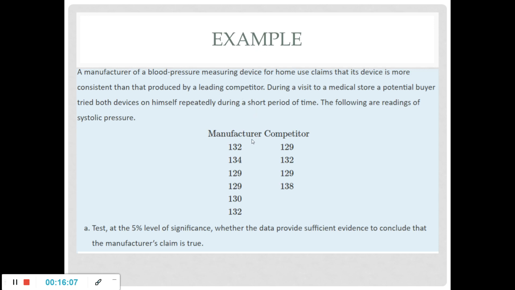Okay, so you have the manufacturer test result here, the blood pressure result here, which was done on one object, and this is on the competitor device output. Okay, so do it and let me know the result, and of course this will have some impact on your CP, so take it seriously, try to do it, and you can mail me the result.